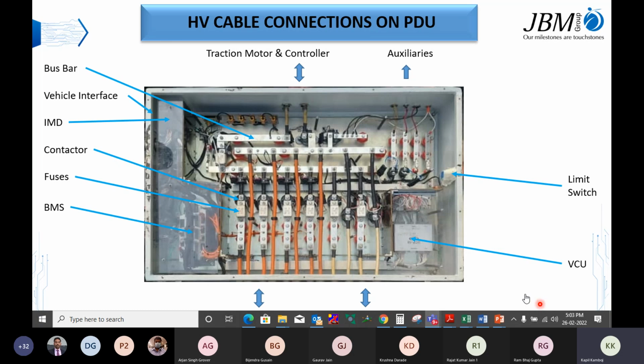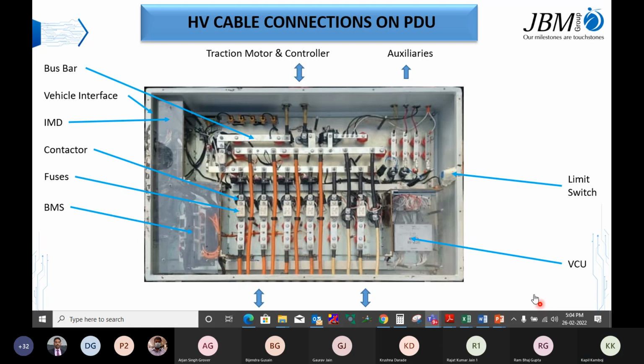Means you should not consider the rating for the contactor. Like if 200 ampere is the current requirement, then you can go up to 250. Even I can use 300. So the contactor is just a relay. It is a switching device, but it has to meet the minimum criteria. But yes, the fuse has to be properly designed with respect to temperature and current. There are multiple factors. There is fuseology technology. Based on that, the fuse size in the HV cable is decided.